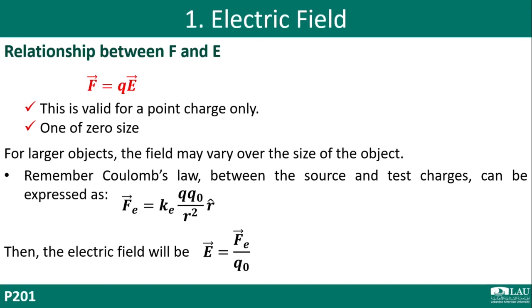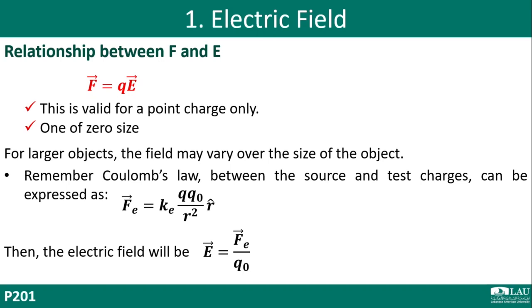A quick reminder regarding the electrostatic force. How to calculate the electrostatic force? Using Coulomb's law, which is K, Coulomb's constant, times Q times Q0 over r squared, the distance separating the two charges. r with a hat is the unit position vector.